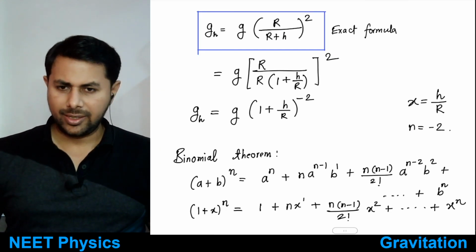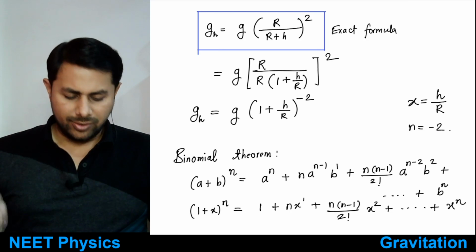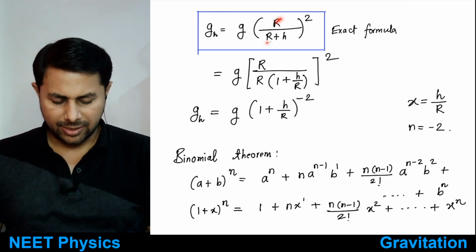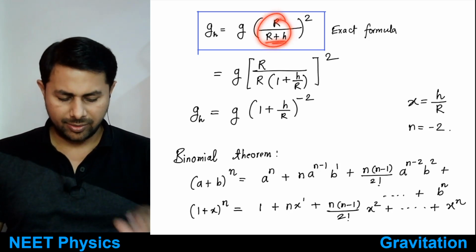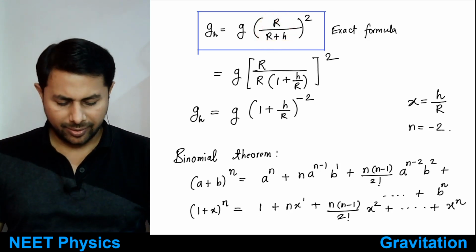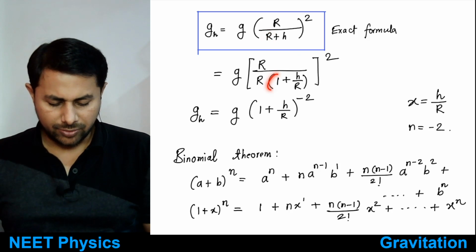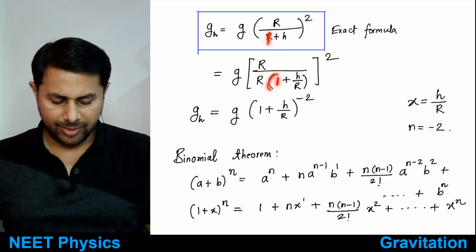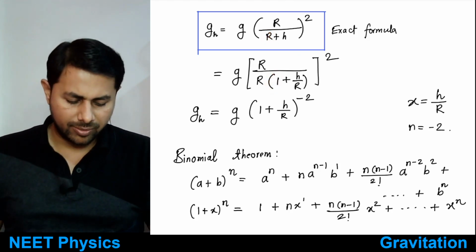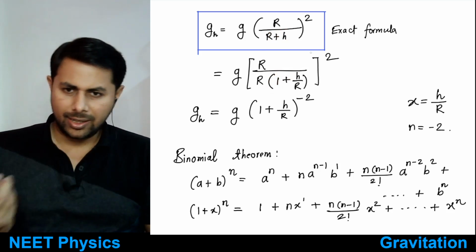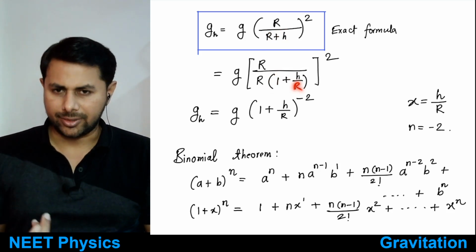All right, then now let's do some approximation. For that, what we do is we divide the numerator and denominator of this by r, or you can take r common from the denominator. So what remains is, from this r, 1 will remain, and you have taken r common, that means you have h only here, you don't have r. So when you move r out, you need to divide by r also.